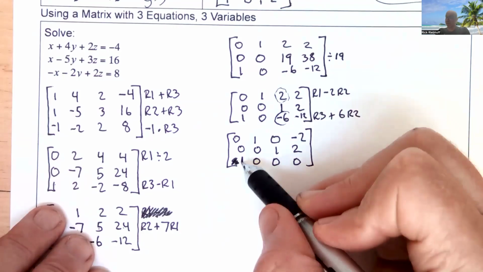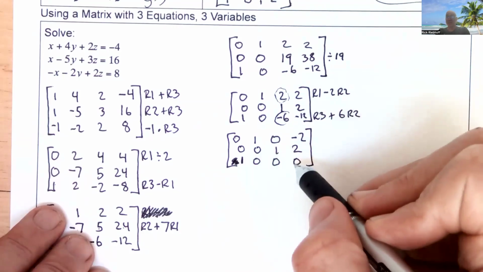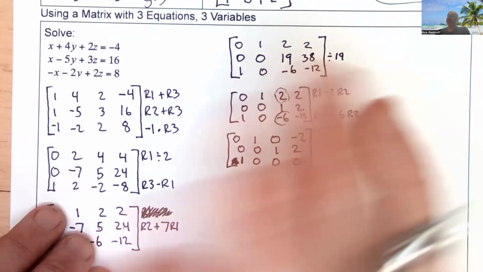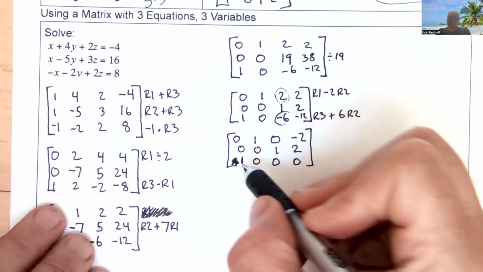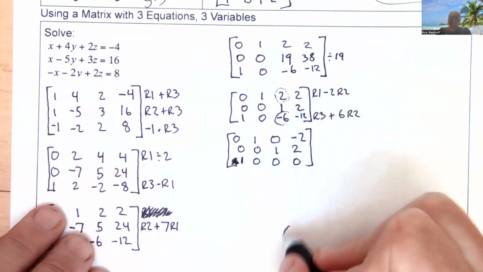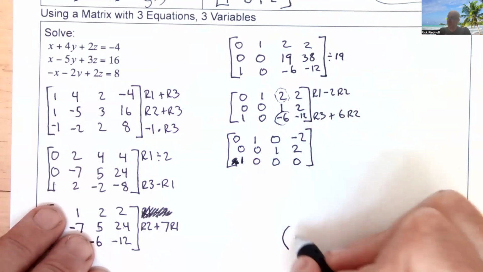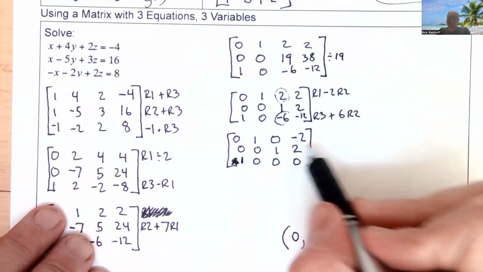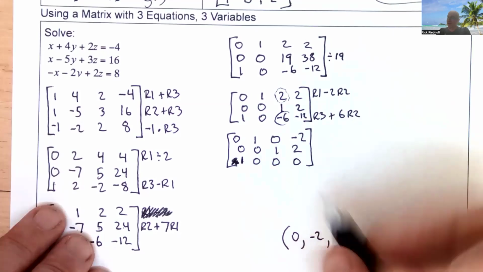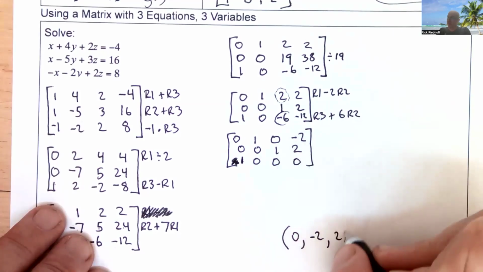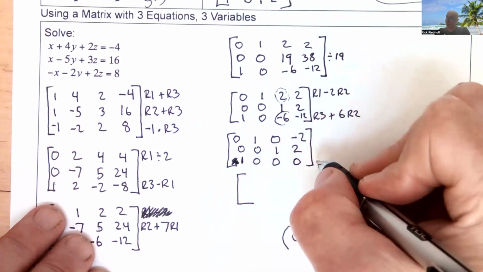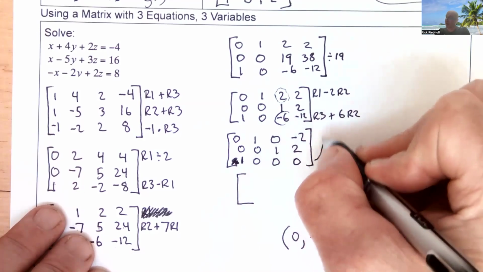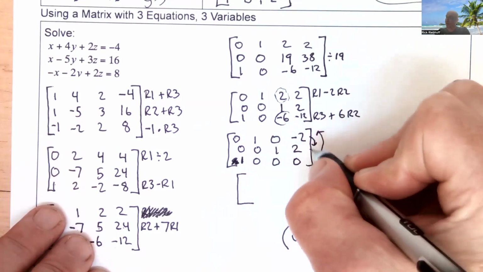Okay, what this means is x equals 0, and that's fine. Remember, it's only when all the variables drop out that we have a problem, right? This is totally fine. So if I was to write the solution right now, x is 0, y is -2, and z is 2. Now, some of your teachers would want you to rearrange things. They'd want this to go to the top. They'd want this one to move down, this one to move down.